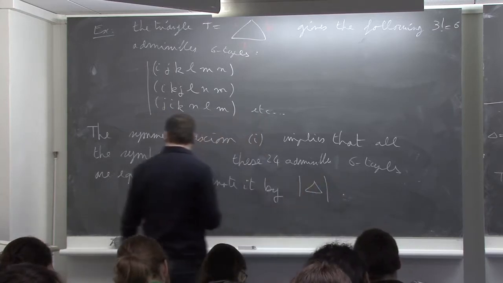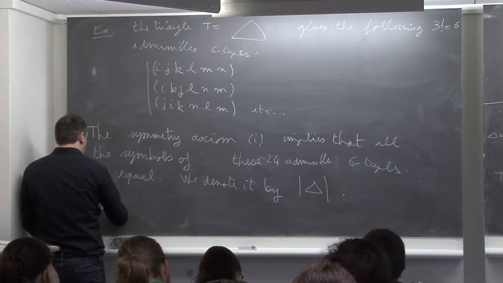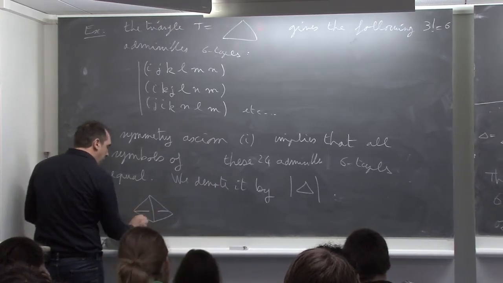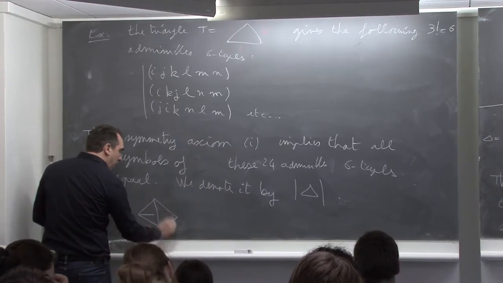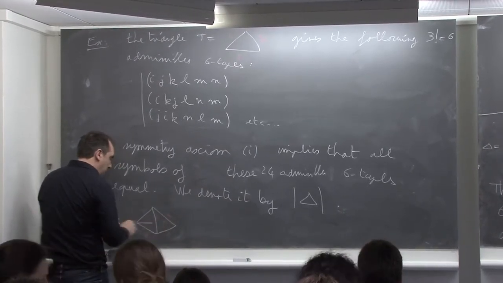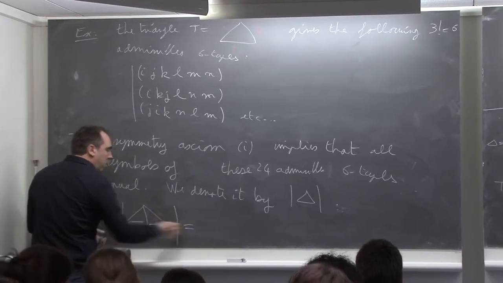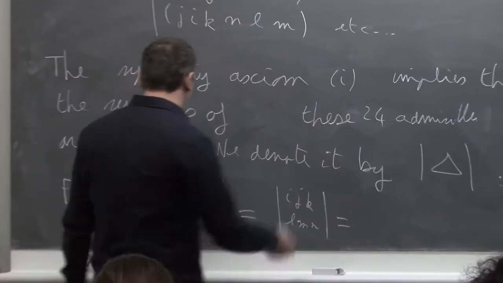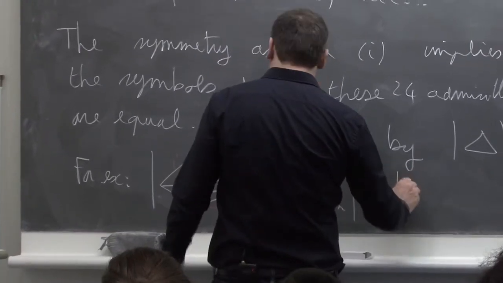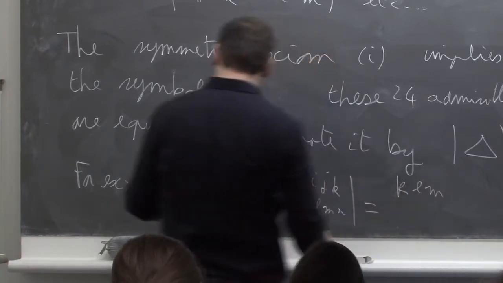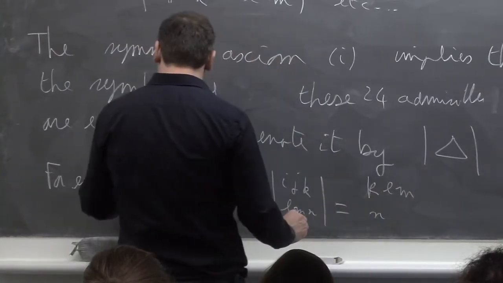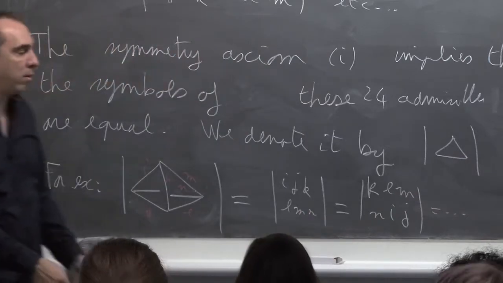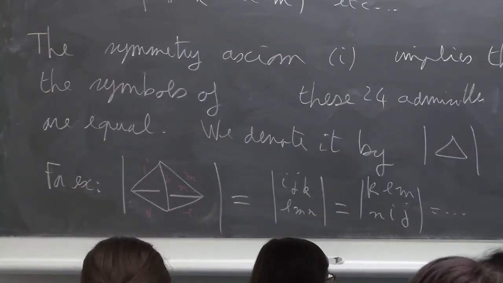This is an element of K. So, for example, if we take again I, G, K, L, M, N. So the symbol of this one is I, G, K, L, M, N. But it is also, for example, K, L, M, N, I, J, etc. There is 24 equalities. 23.